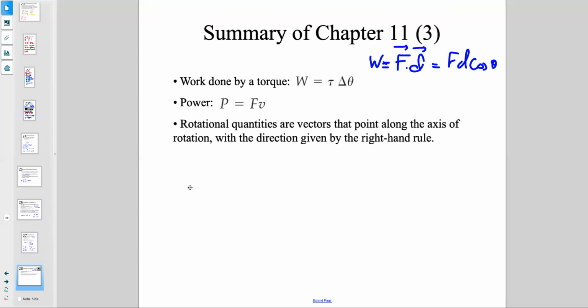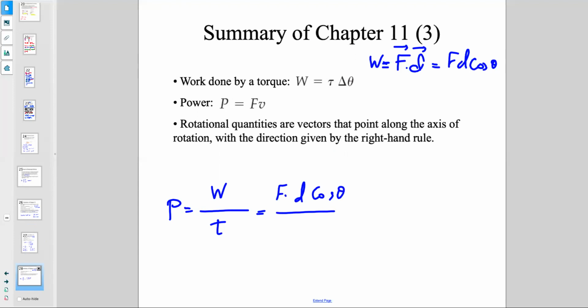Because if you remember, the power was work done on an object divided by the time that that work was done. And then the work was F d cosine theta, right?